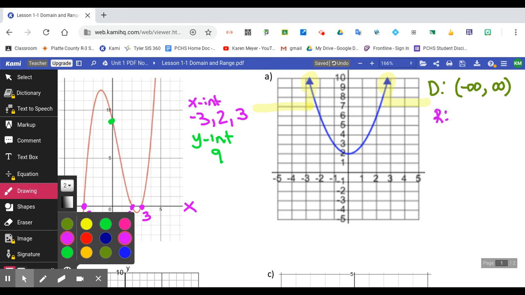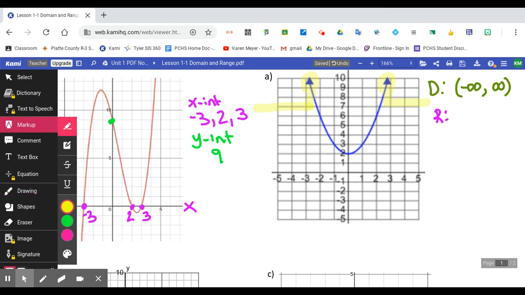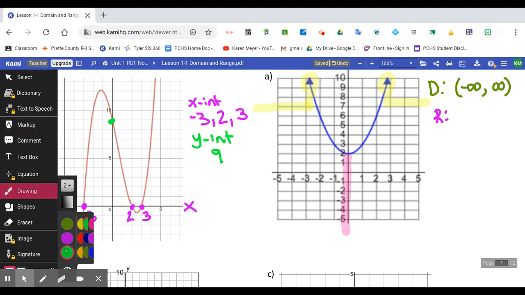So now for the range. Range is y numbers, so we're going to start at the bottom. So I'm going to start at the bottom of my graph and move my pencil all the way up, and the very first time I hit it is going to be at the y number 2.